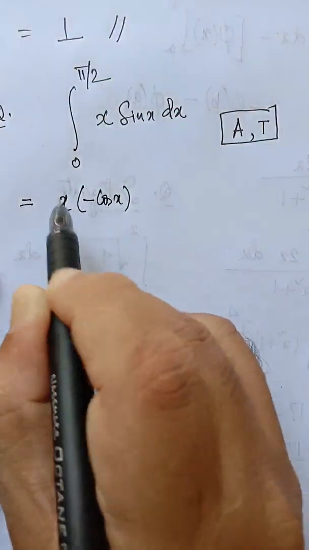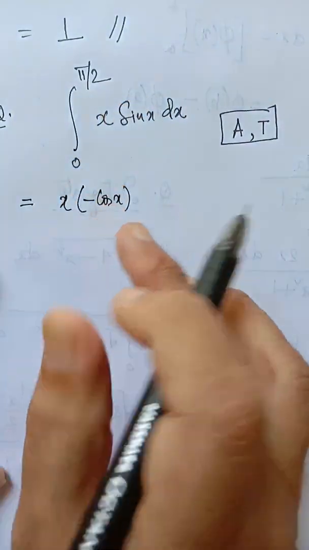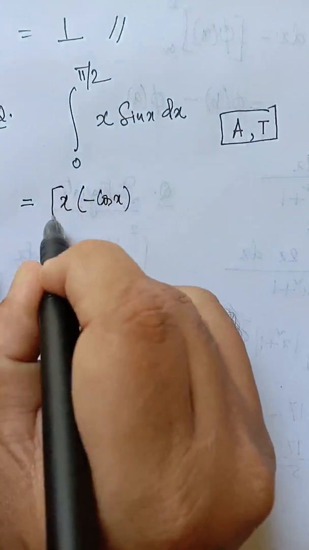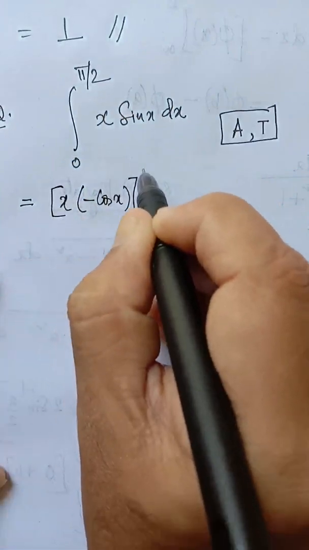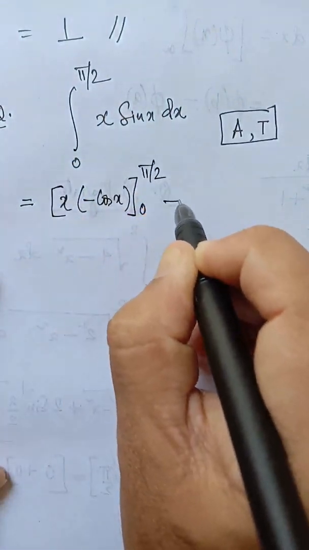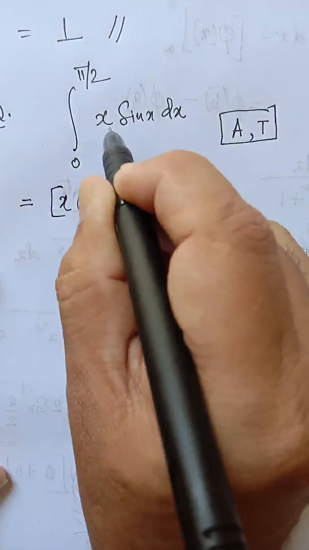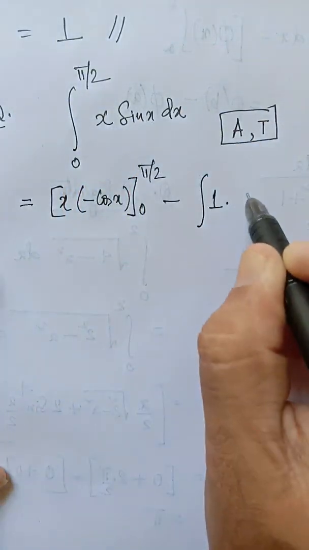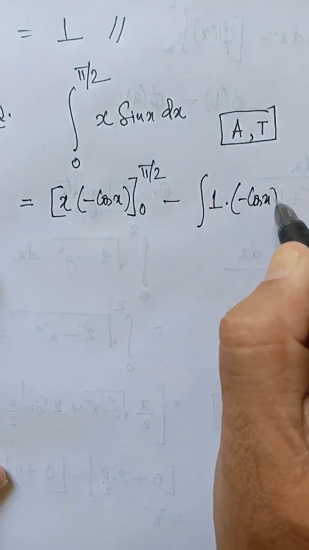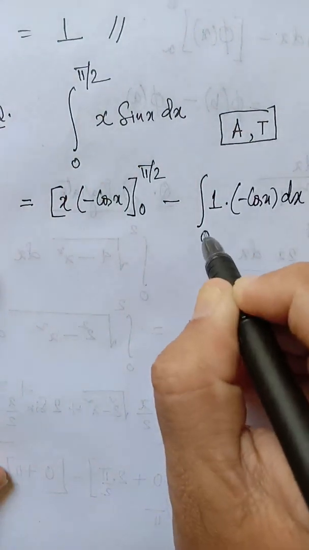First function unchanged, integration of second, the first part of integration is over, we have to put the limit 0 to pi by 2, minus integration of derivative of first, which is 1, derivative of x is 1, integration of sin x is minus of cos x dx. The limit is 0 to pi by 2.